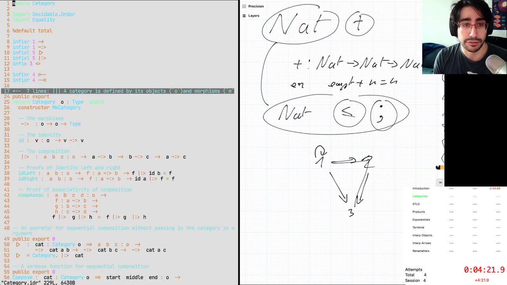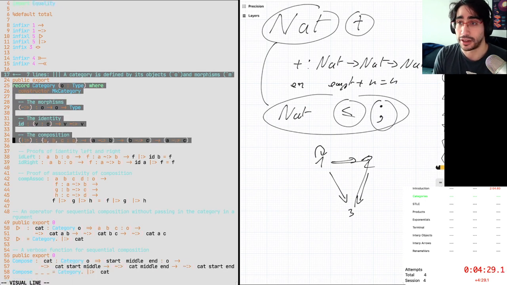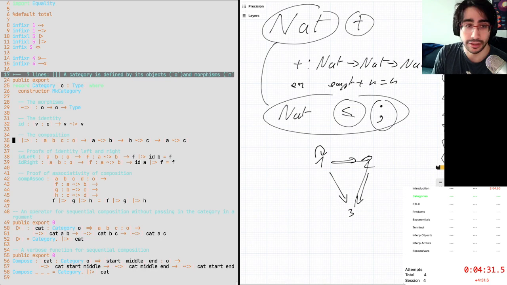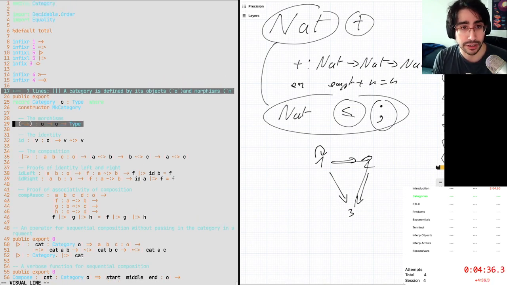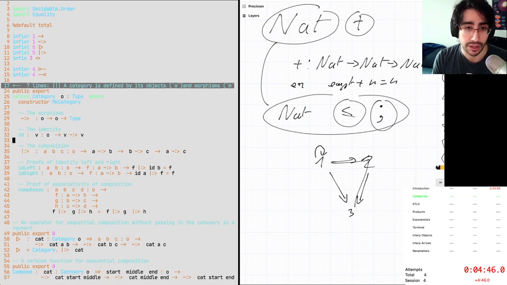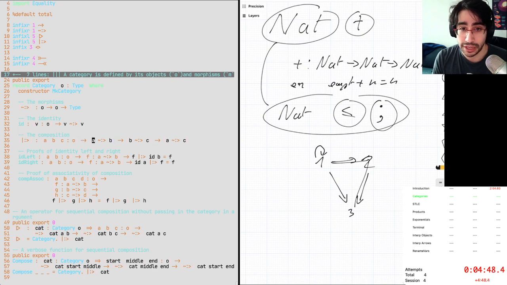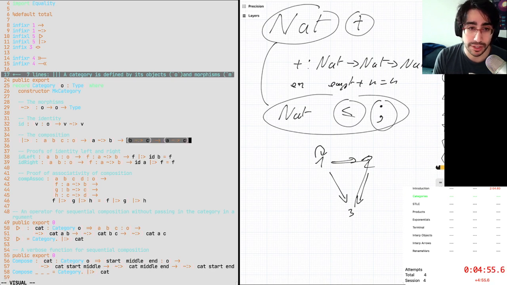And here, if you don't feel like this is convincing enough, I invite you to look at the left bit here, which is the implementation in Idris of what I've just described. So you have, as a record, a way to combine objects, a way to generate an identity arrow. So this is an arrow from V to V, given any V. A way to combine arrows if their boundaries match. So here it says if you go from A to B and B to C, you go from A to C.